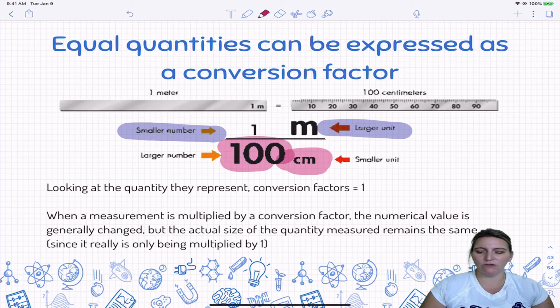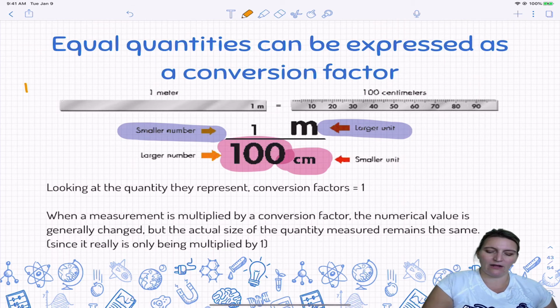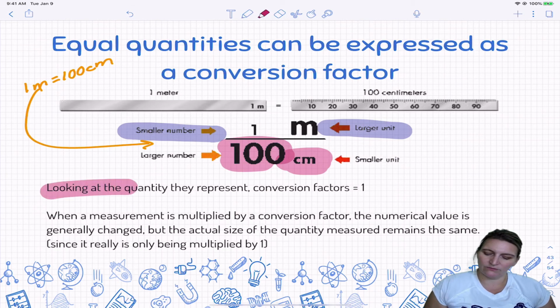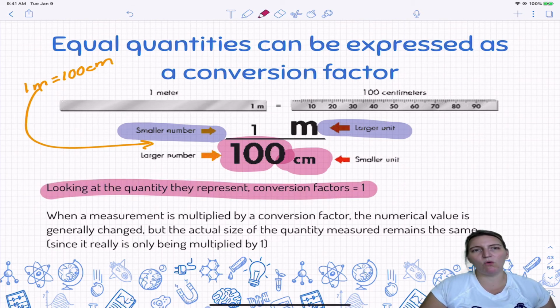In a conversion factor, we take two quantities that are on either side of an equal sign, like 1 meter is equal to 100 centimeters, and we put it into a fraction. It actually doesn't matter which side we put on top and which side we put on bottom, because all conversion factors really equal 1.